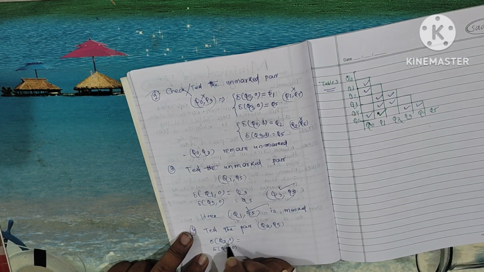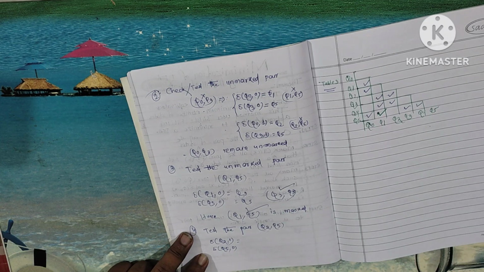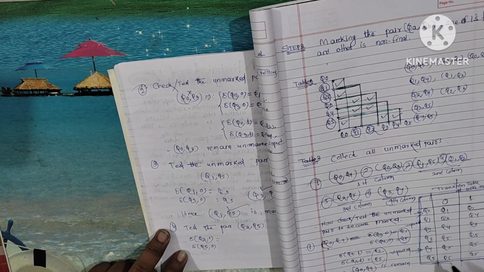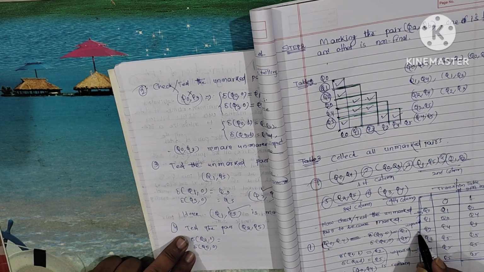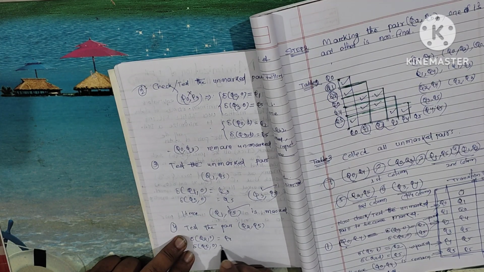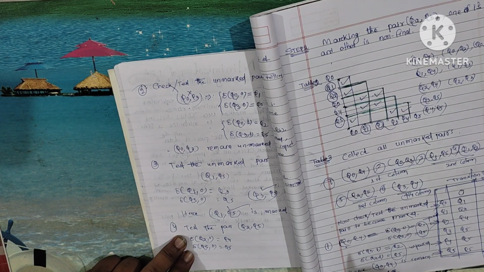If you see this table, on 0, Q2 goes to Q4 and Q5 goes to Q5.